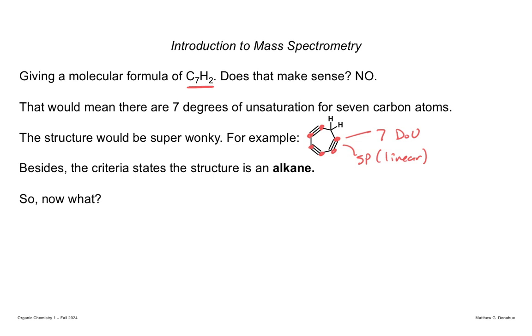So if it's supposed to be linear and it's bent, that's abnormal. And when we learn module 3, once you start deviating away from the normal geometry, that induces strain. And things don't like to be strained. The analogy that I use is like, you know, it's about lunchtime, and if you haven't eaten yet, you're going to be hungry, you're going to be mad, you're going to be strained. So the molecules don't like to be strained, you don't like to be strained. So those are things you have to look out for.